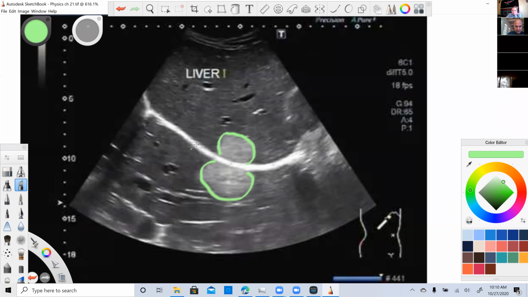Let's see. Some of these I can't even figure out. Some of these objects are so far away that they're not even displayed on the original picture. It's like they're literally bounced from an object that's all the way over here.